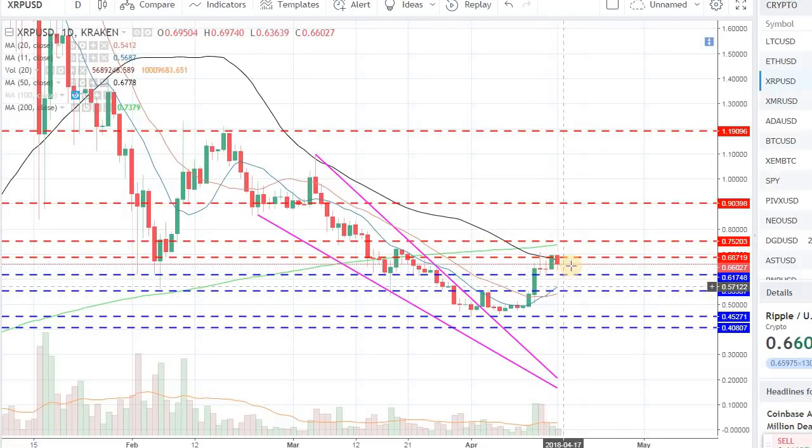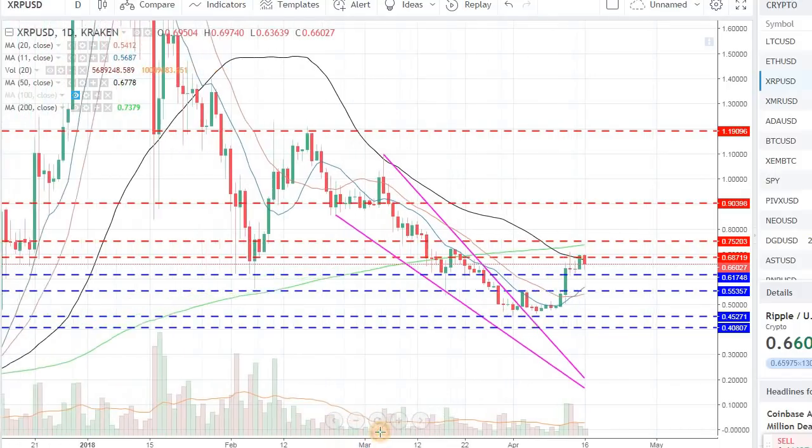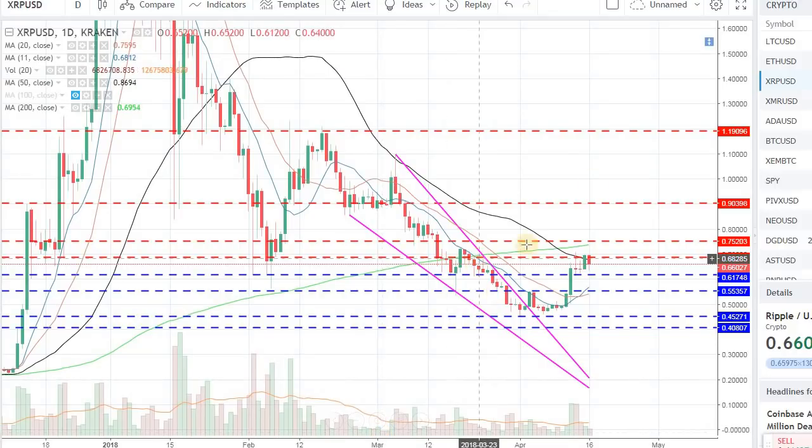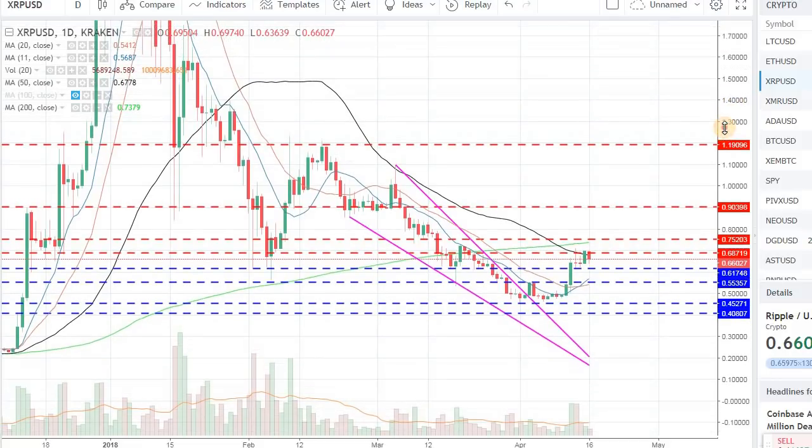Once it finishes this consolidation, it has room to run toward first resistance, which will be around 74, 75 cents, and then again around 85, 90 cents. So Ripple is one of those coins that I do like, and it does have the potential to go toward its previous high if the overall market condition remains positive throughout this year.